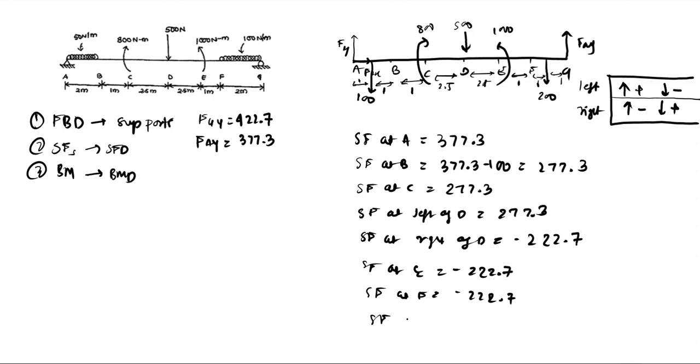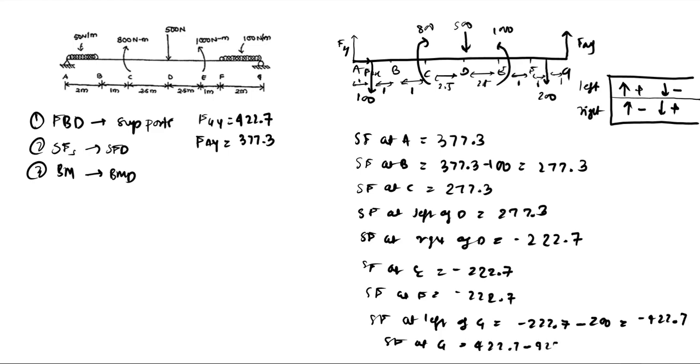And shear force at left of G, we have minus 222.7 minus 200 of this UDL, which will be minus 422.7. And at G, we have 422.7 reaction at G, and the shear force minus 422.7 at the left of the G.